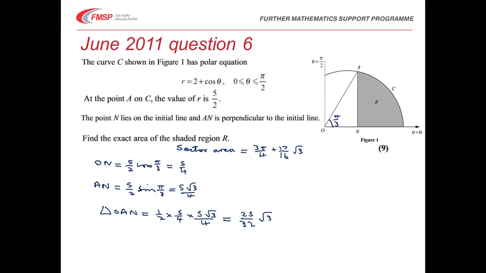So we found the area of the sector on the previous slide. We found the area of the triangle, just using half base times height. So now we can find the shaded area R. The shaded area R must be the sector minus the triangle.